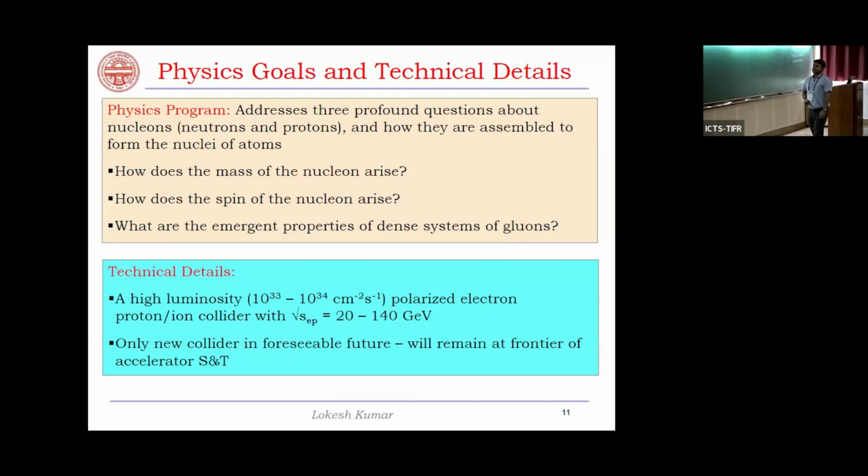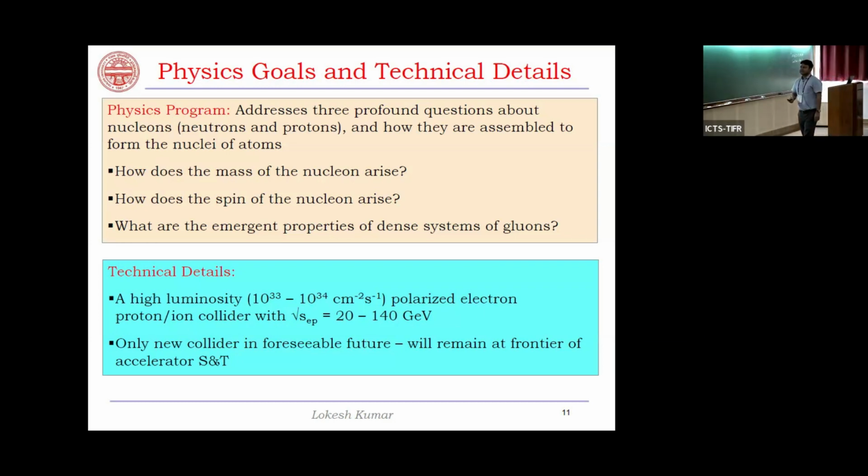Then talking about the physics program, we have been listening a lot in this conference. Basically it addresses three profound questions about nucleons and how they are assembled to form the nuclei of atoms: how does the mass of the nucleon arise, how does the spin of the nucleon arise, and what are the emergent properties of dense systems of gluons.